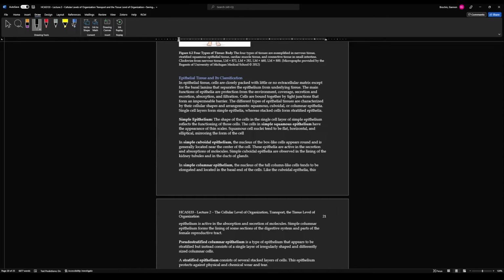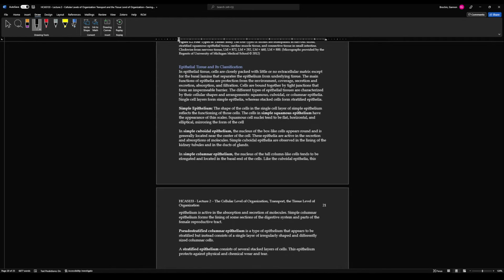Okay, so all of these epithelia we're going to talk about here shortly can come in simple or stratified. We also have pseudo-stratified, but that is relatively rare and occurs because the cells are oriented slightly differently from each other. So while there's only one layer, when you look at it under a microscope, it actually looks uneven, okay? But it is one layer.